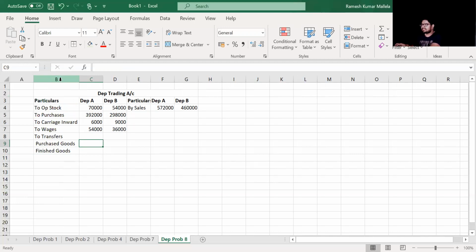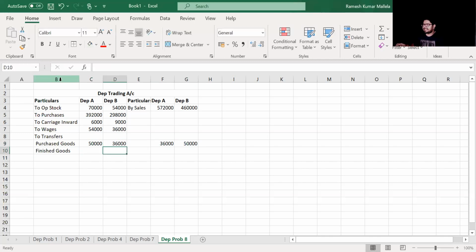So please see the question once. Purchased goods transferred from B to A, it is 50,000. That means 50,000 is supposed to be added in A column, and in B column 50,000 should be deducted. Okay. And then from A to B, it is 36,000. So 36,000 should be added in B's column, and in A's column 36,000 should be credited.